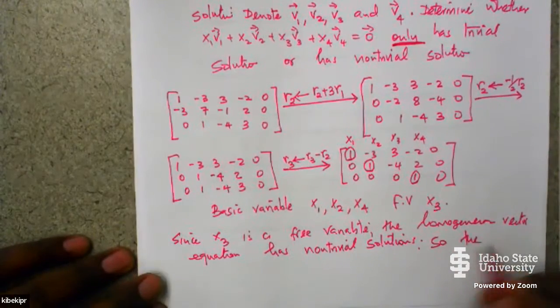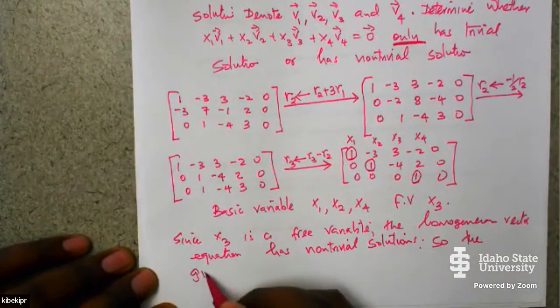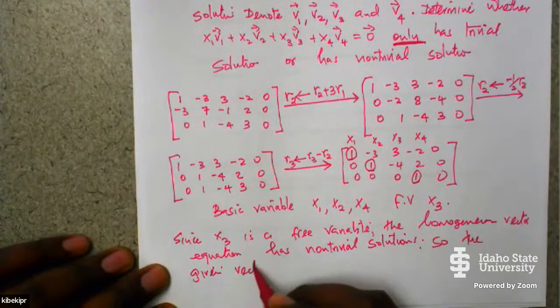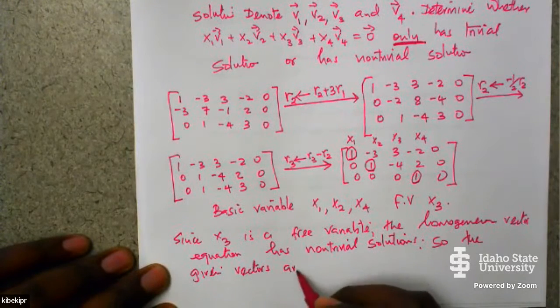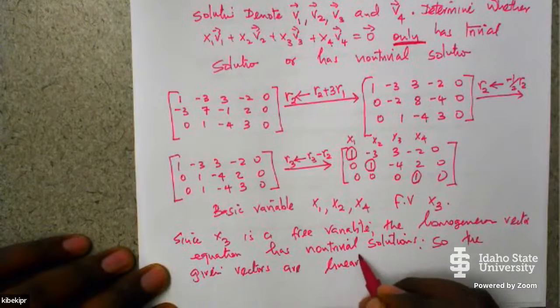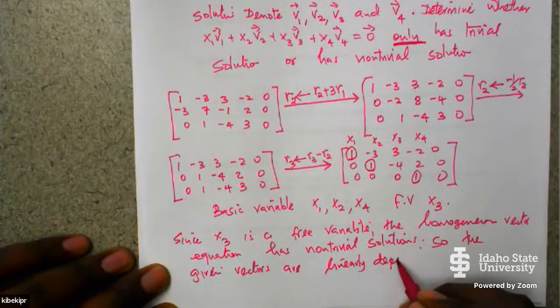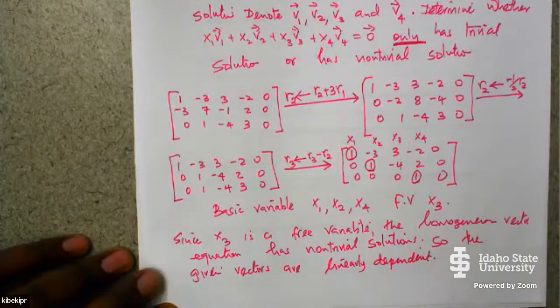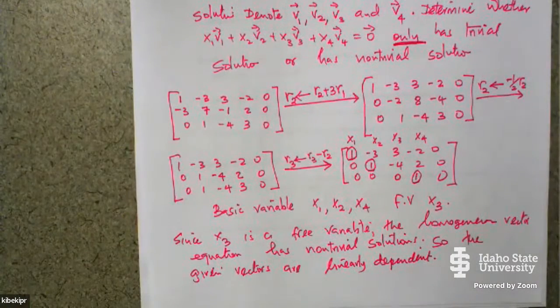So the given vectors are linearly dependent. Now that it is linearly dependent, we need to get a solution.